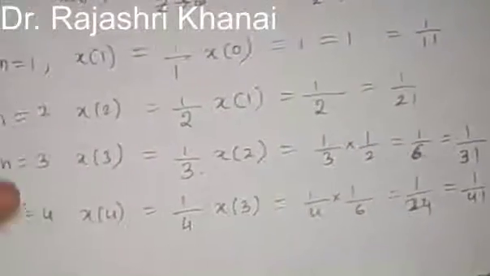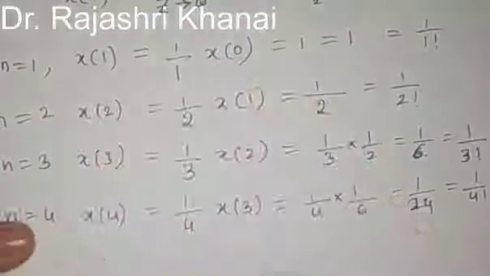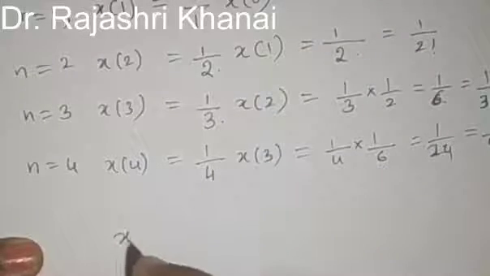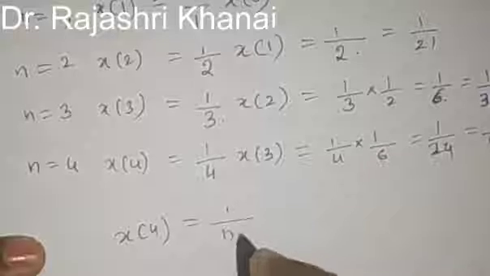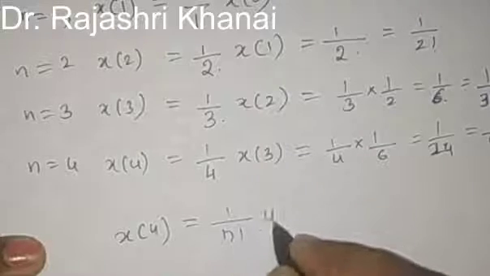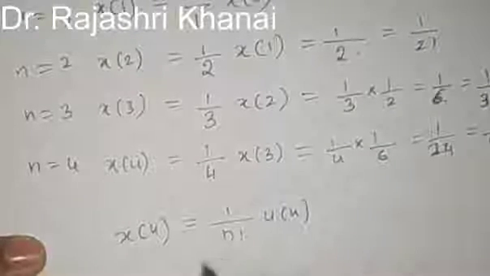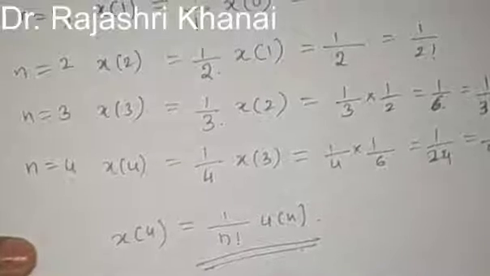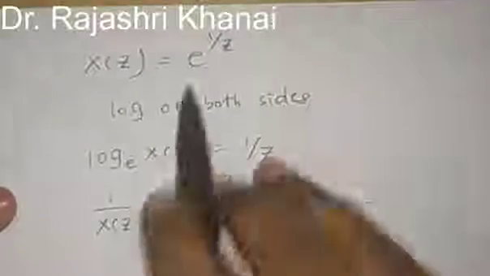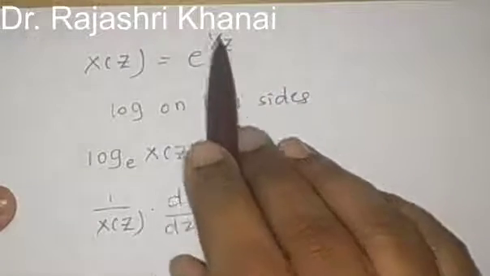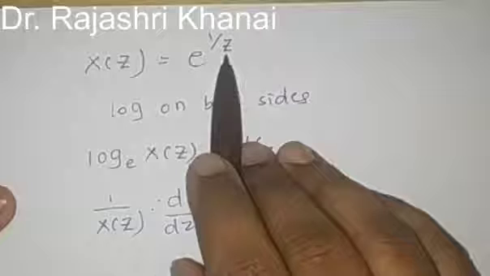So now in general, for different values of n, I can write x of n as 1 upon n factorial u of n. This is the actual time domain signal for X(z), that is e raised to 1 upon z.